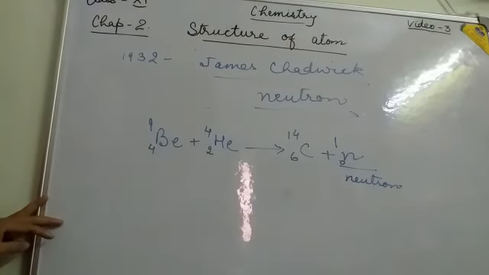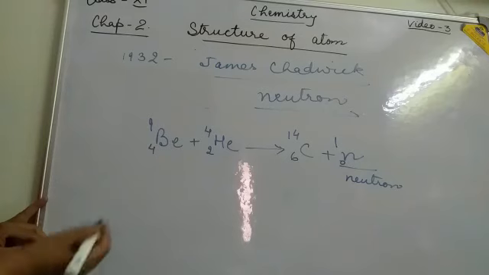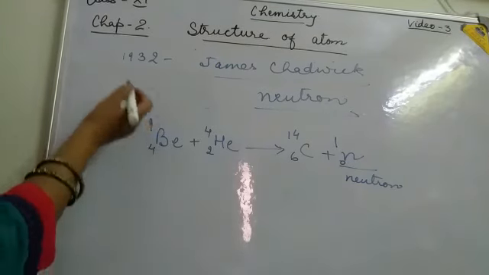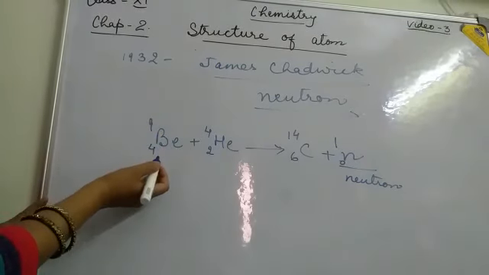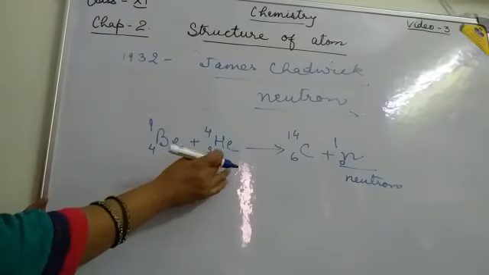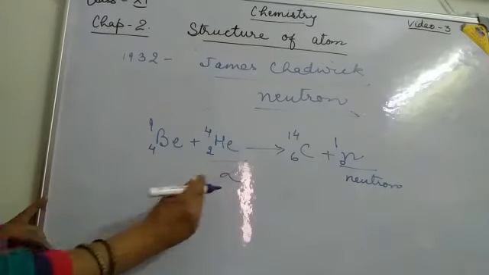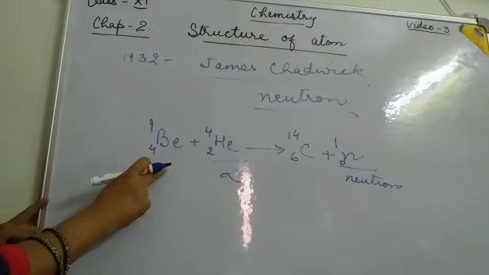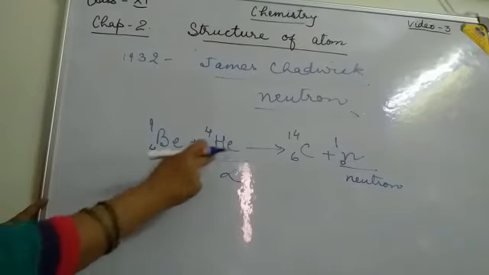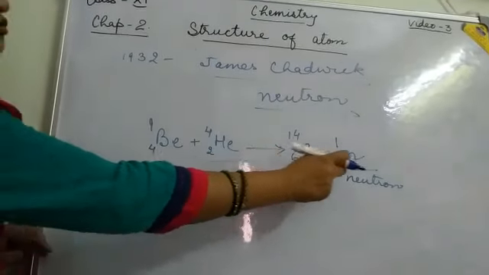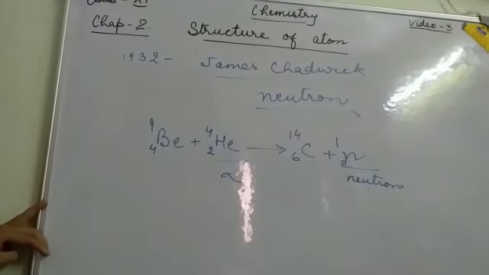James Chadwick did various experiments regarding this, but this is the most successful experiment done by him in 1932, in which he bombarded beryllium metal with helium, that is alpha particles, and formed carbon, and the neutral particle neutron was discovered.